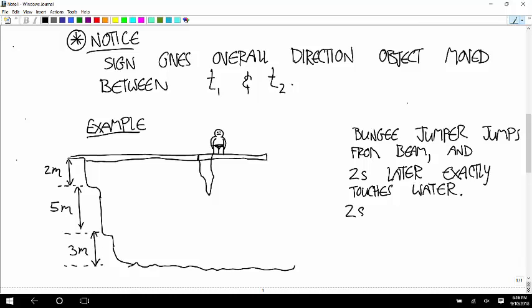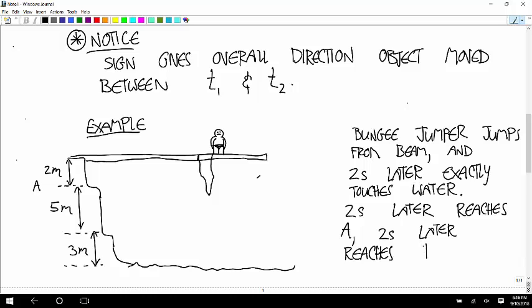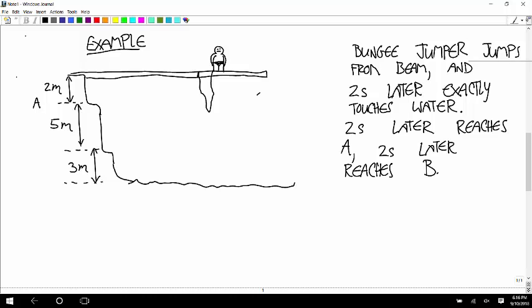And 2 seconds after that, he reaches the point A. That's this. And 2 seconds later, he reaches the point B. And we want to draw a graph of the position versus time.